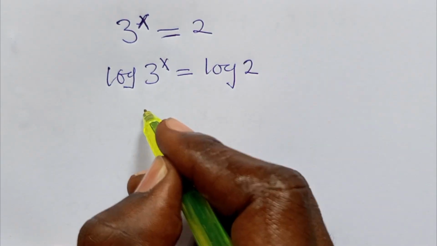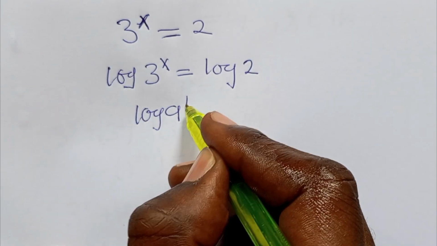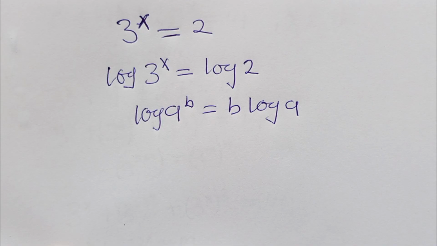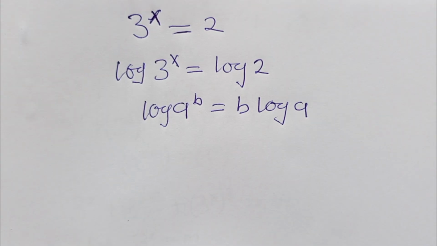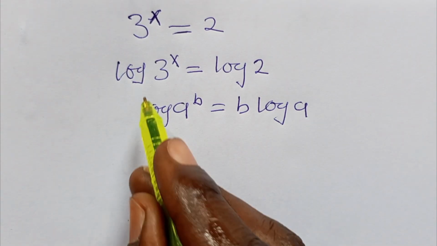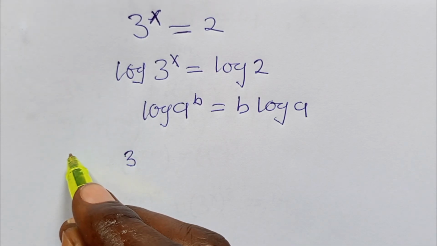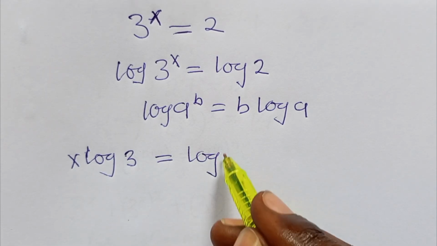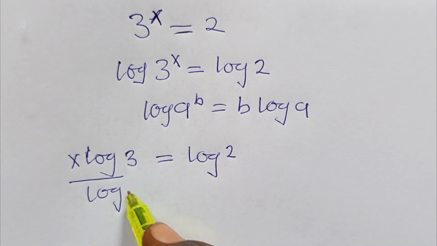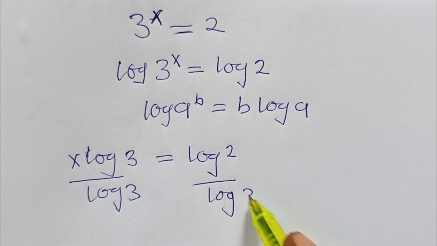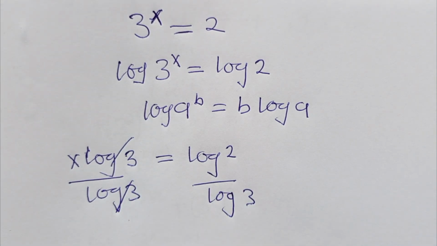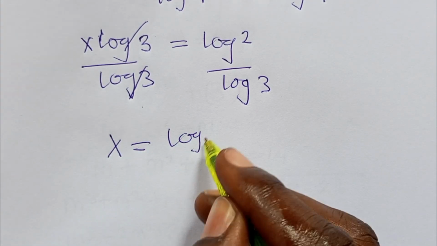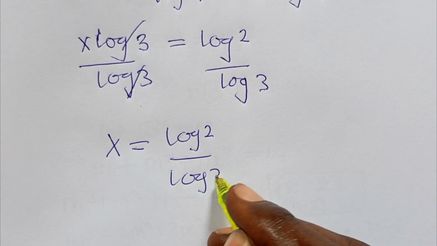Applying log on both sides, if we have log of a to the power of b, it is the same thing as b log a. So let's apply this here. We are going to have x log 3 equal log 2. So dividing here by log 3, divide here by log 3. So log 3 divided by log 3 cancels, and we're left with x equal log 2 divided by log 3.